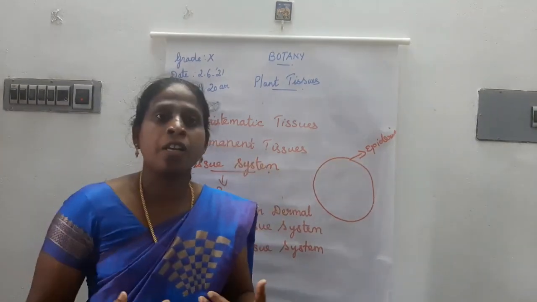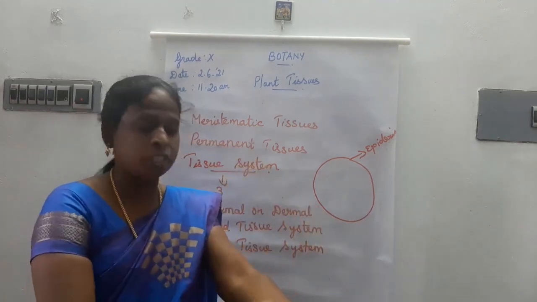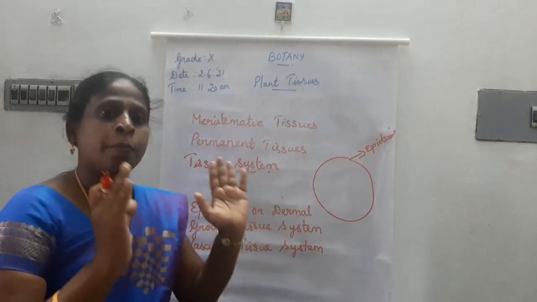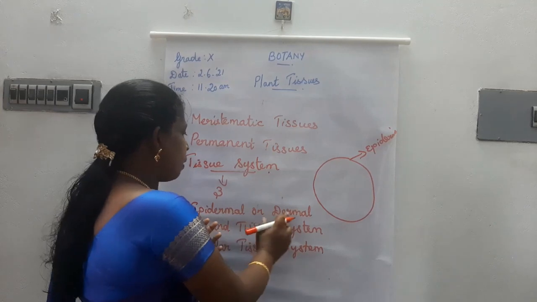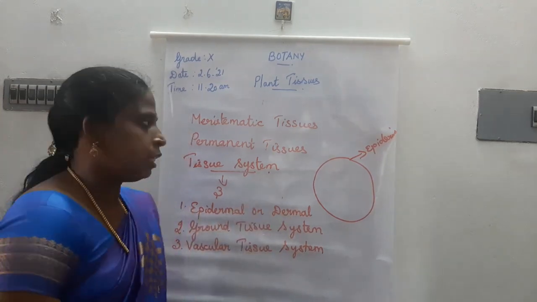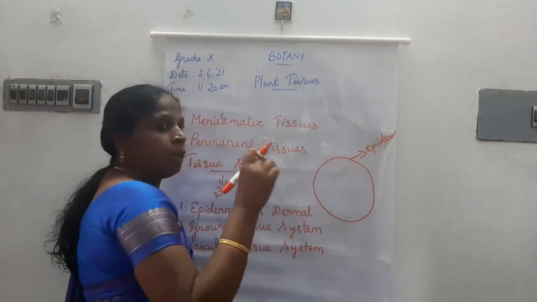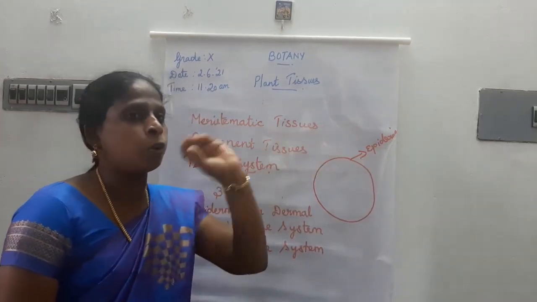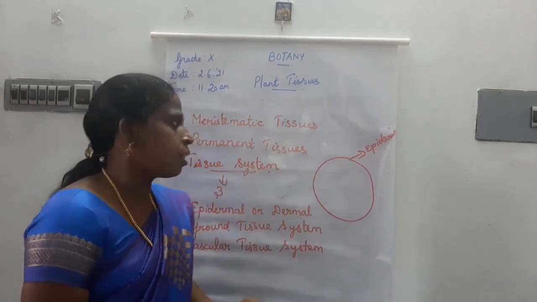In our body also, it is covered by the dermal tissue system, that is called skin. In the same way, the plant is also covered by an outermost layer, called the dermal or epidermal tissue system. In the stem, it is called epidermis, and in the root, the outermost layer we can call rhizodermis or piliferous layer.